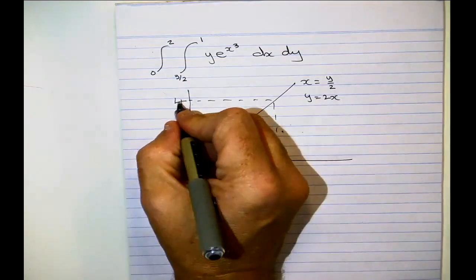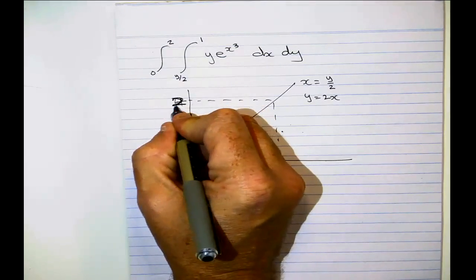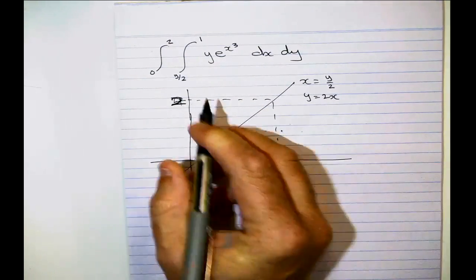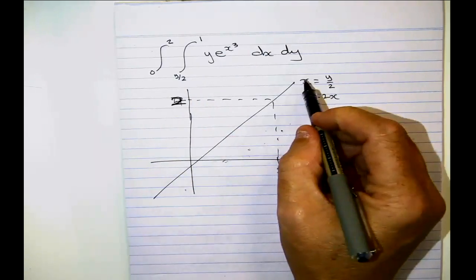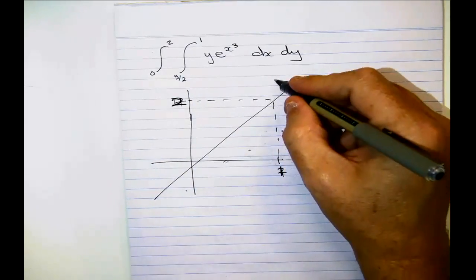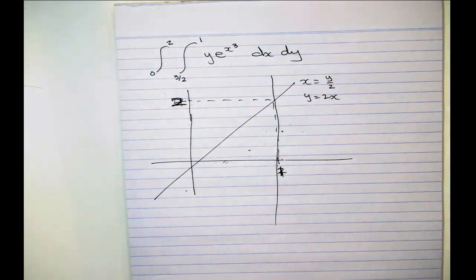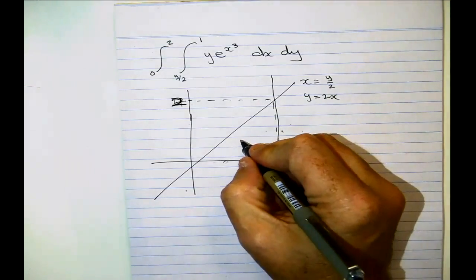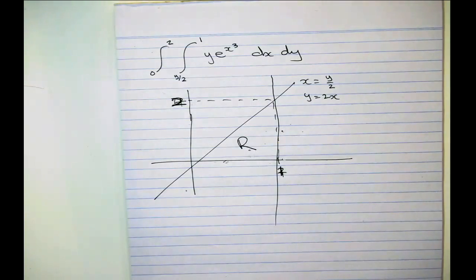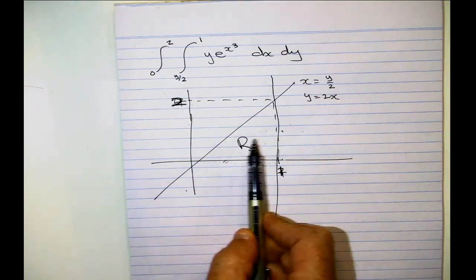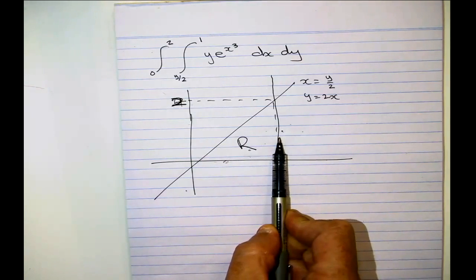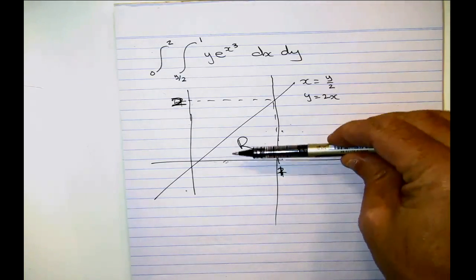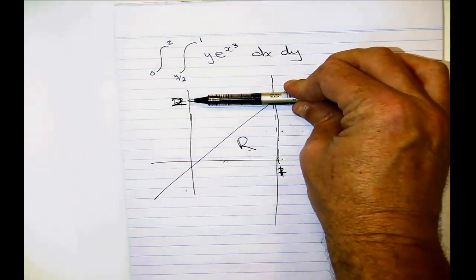No, y goes 0 to 2, you idiot. And x goes from x equals y on 2 to x equals 1, which is this line. That's the region, because it says x goes from this curve to this curve, and y goes from this sweep to this sweep, you see?